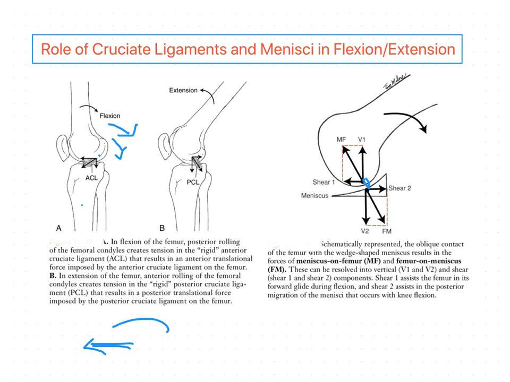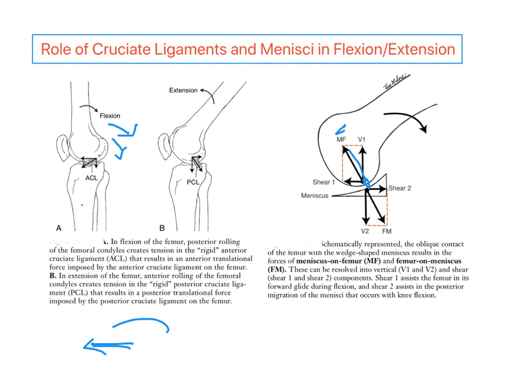So here you have to see the menisci on the femur. This is the resultant force, the menisci on the femur, which deforms the menisci posteriorly on the tibial plateau.